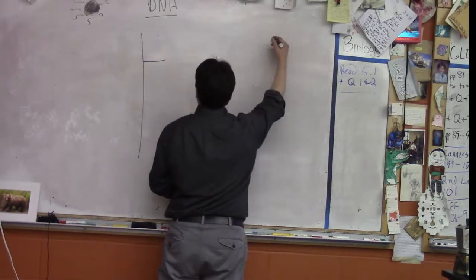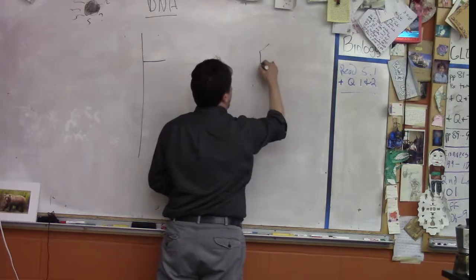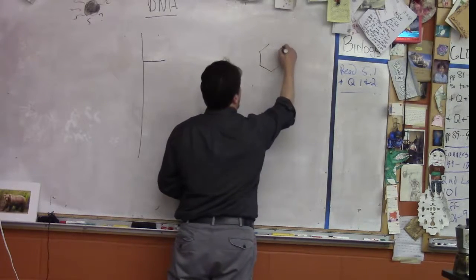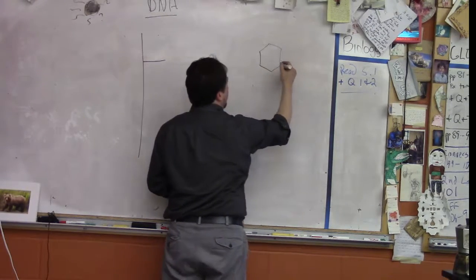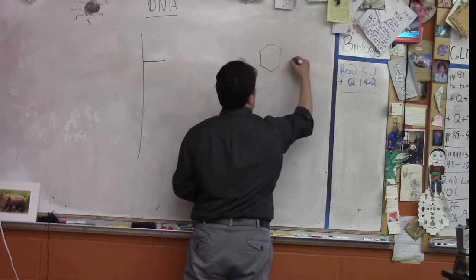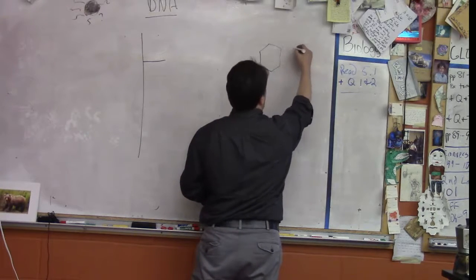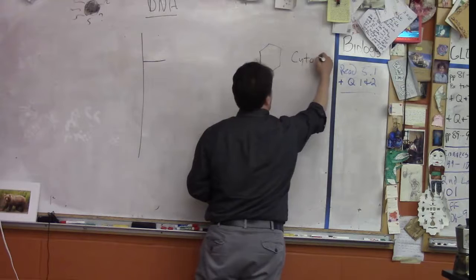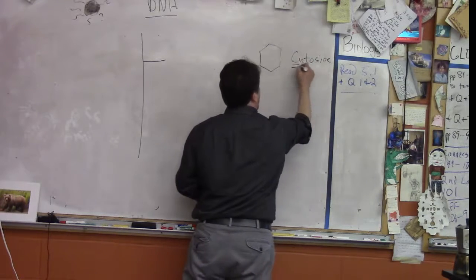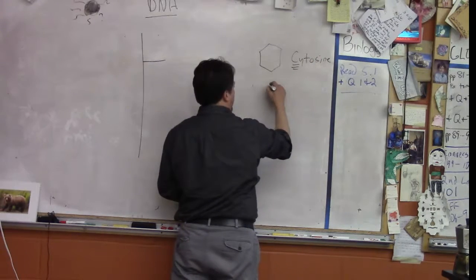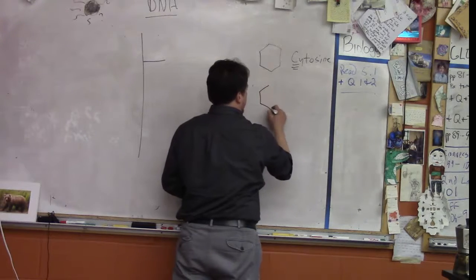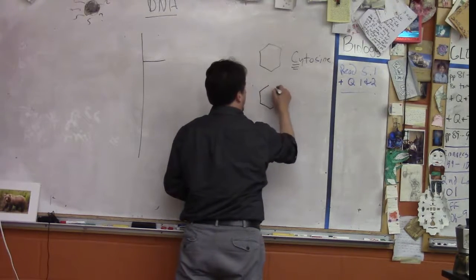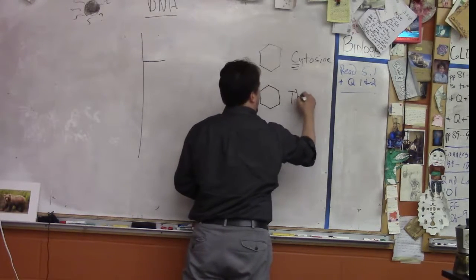Okay, and with that, we have two pyrimidines. Those are cytosine, letter C, and thymine.